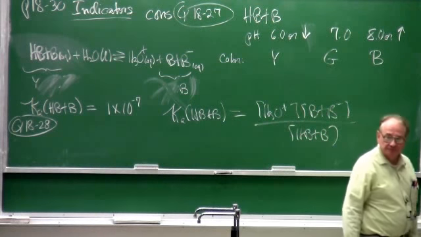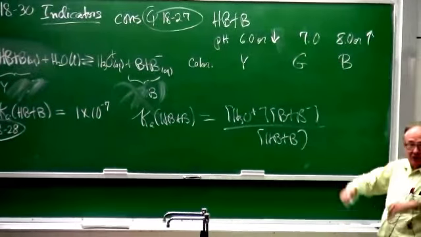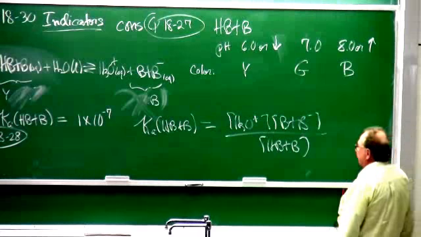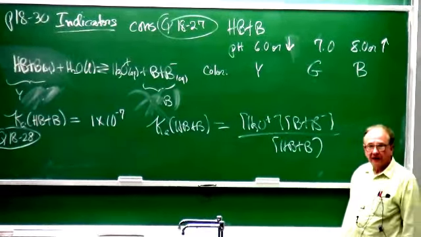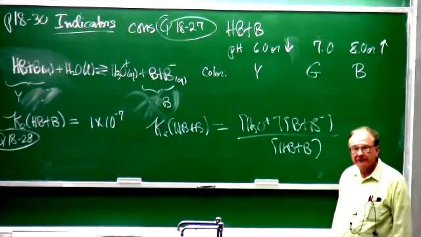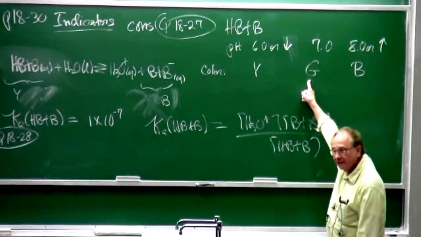Okay so far? Nothing fancy about this. We've already written KAs all over the place a number of times. Now tell me, at a pH of 7.0 for this indicator, what color do I observe? Green. And how do I get the green?